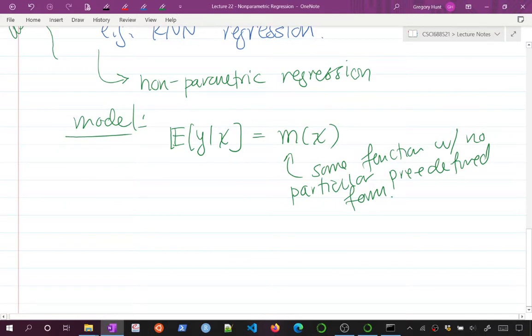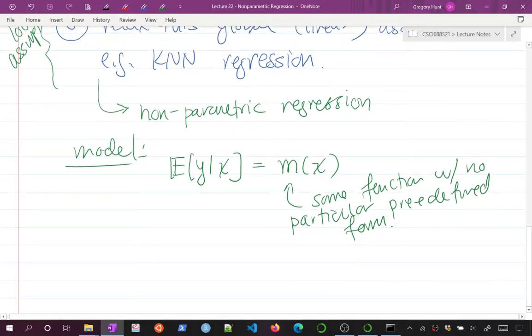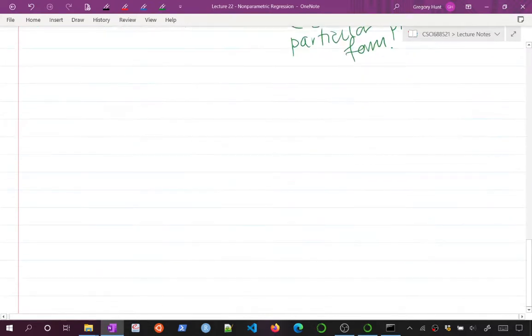The idea is we're going to let the data dictate how we model this thing rather than imposing a linear assumption. So something like KNN is just letting the data tell us what this conditional expectation looks like, and it's going to depend on where we are. So these are typically more flexible models, and so all the caveats with those more flexible models come along with this. But if we have the data, or we have some justification, we can definitely use these kinds of models.